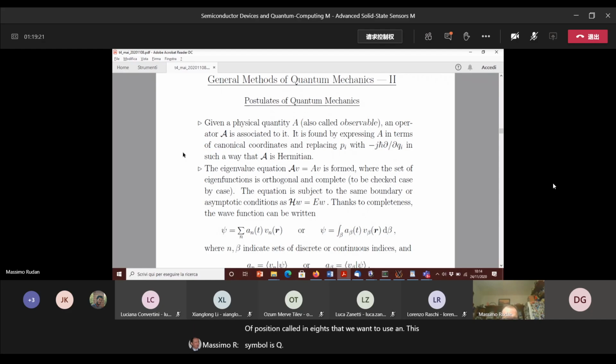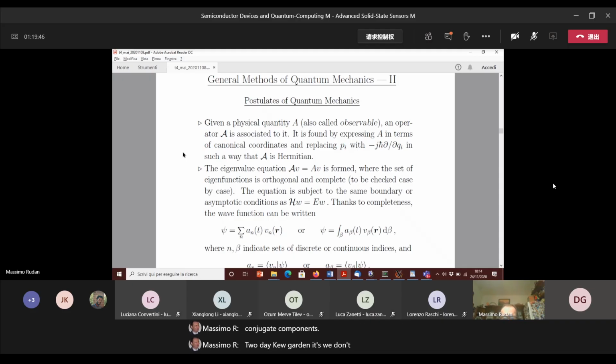Obviously, if we are not using the Cartesian coordinates, then the components of momentum are not the usual components of momentum, as in a conservative case, the product of mass times velocity. They are other components, the so-called canonically conjugate components to the Q coordinates.